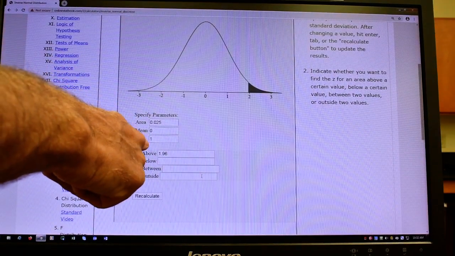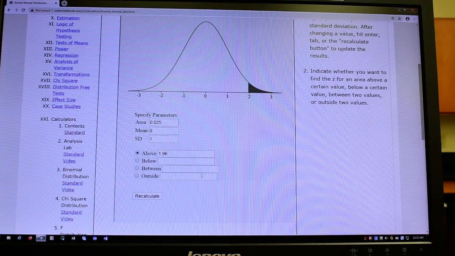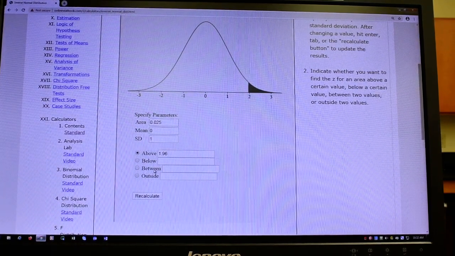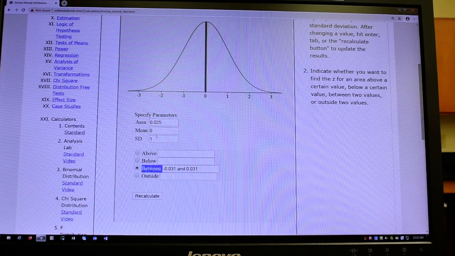But the standard error needs to be changed because we estimated the standard error to be 2 if we're working with 25 subjects. Okay, so let me see if I can change that here. So we'll change this to 2.